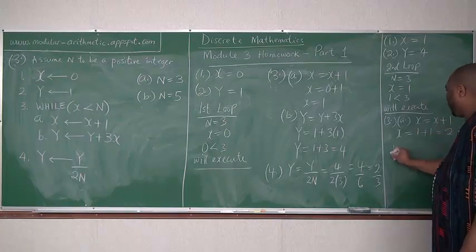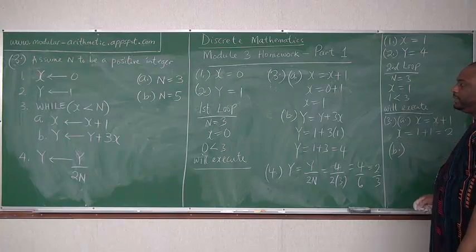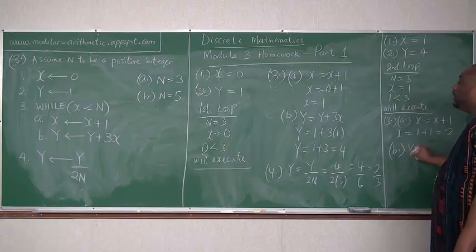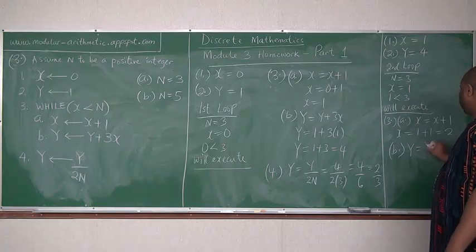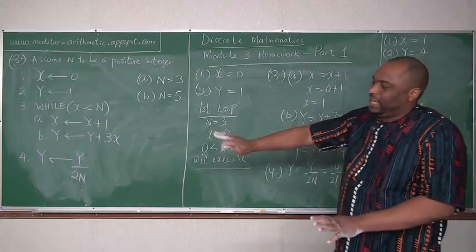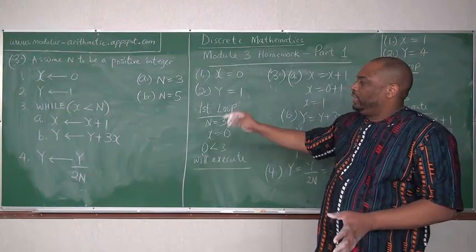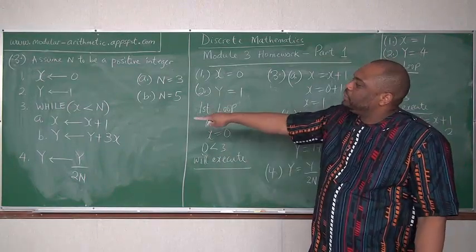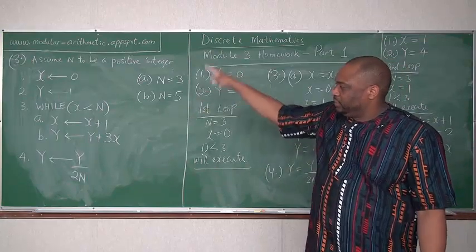And then our y is y plus 3x. Okay, this number 4 is the last thing we are going to do when the program doesn't loop anymore, when it stops. But when it goes to 3, it continues.